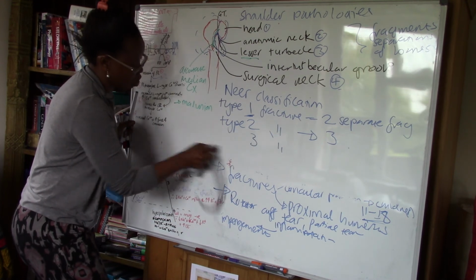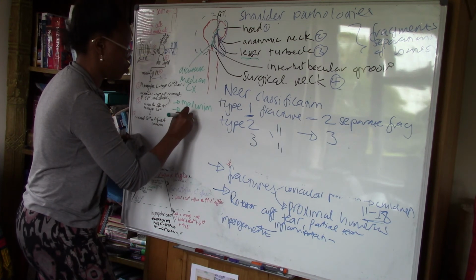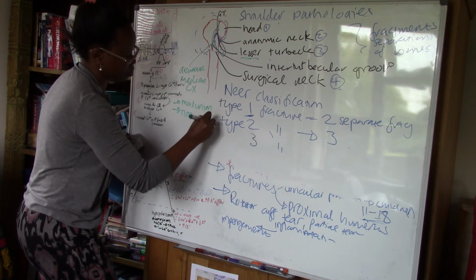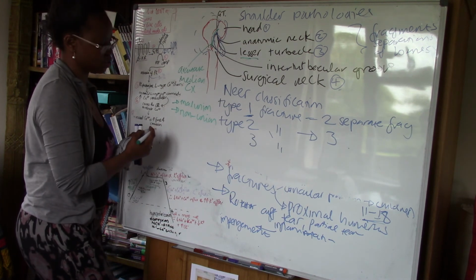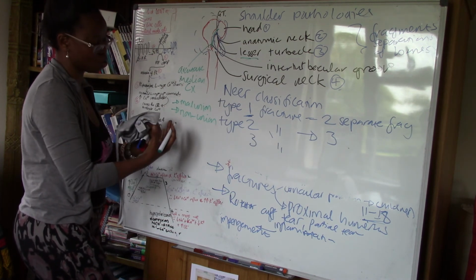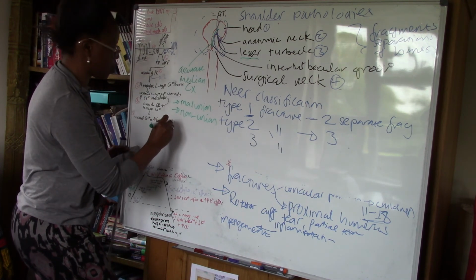Other complications that can arise from a fracture will be non-union. Again, non-union is really self-descriptive. The bones do not unite and they do not heal to form a continuous bone.